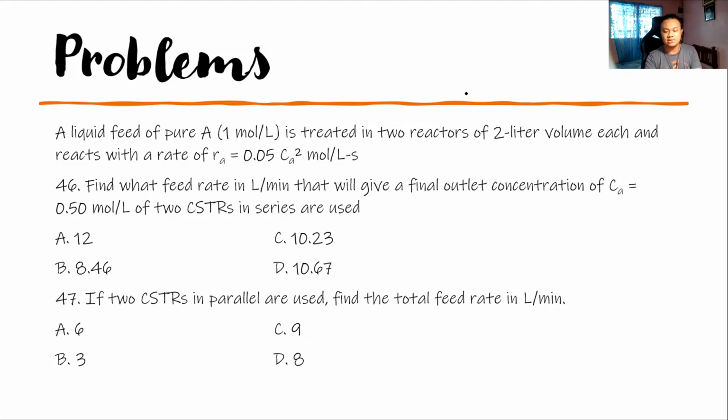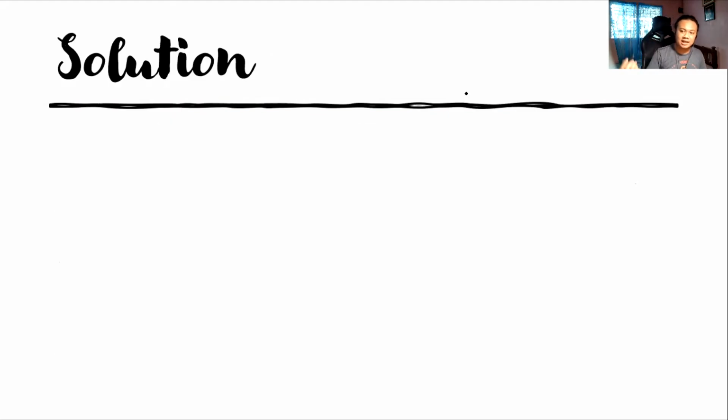So 2 CSTRs. So let's get a picture of what we are solving, diba, in number 46. We are hooking up 2 CSTRs in series. Then 2 liters each din siya, 2 liters. Then we have a concentration of 1 mol per liter.